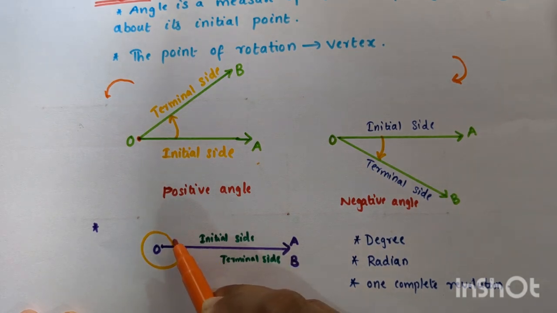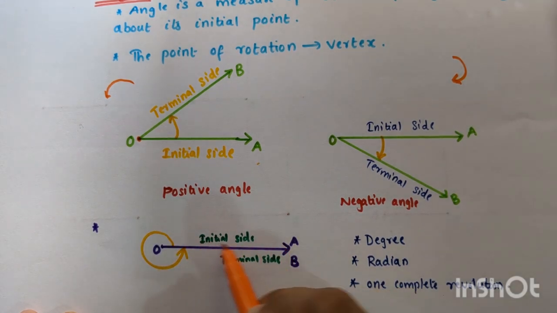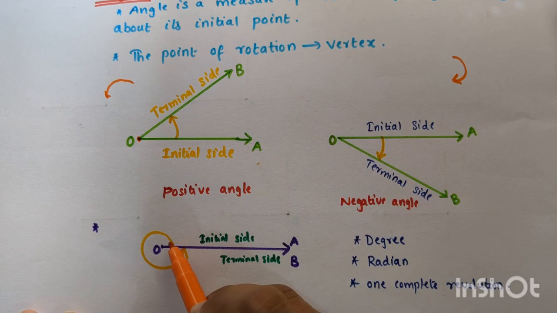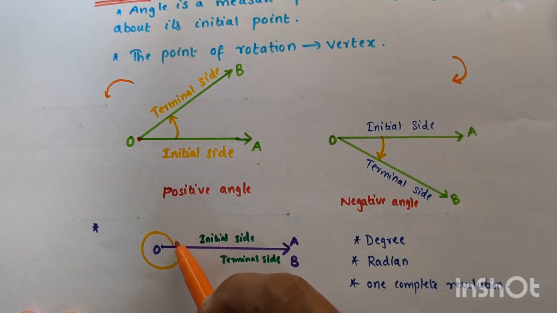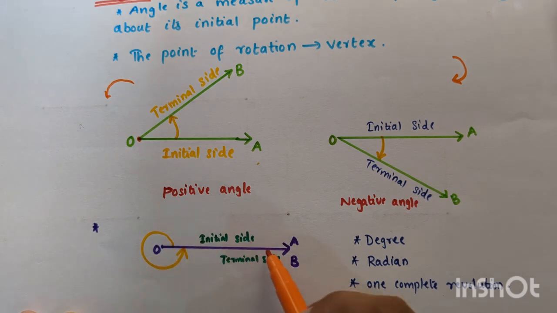One complete revolution from the position of the initial side is shown in this figure. OA is the initial ray, so this is the initial side. This initial side has been rotated through one complete revolution, so after that it reaches the same place, and we get the terminal side and initial side at the same place.